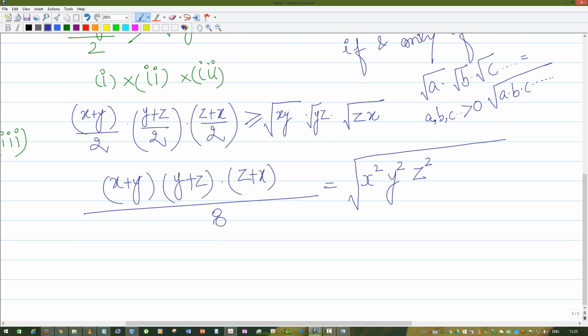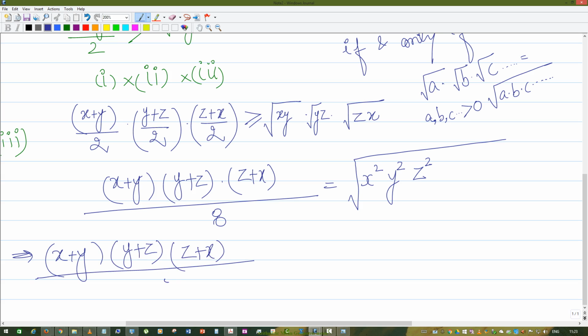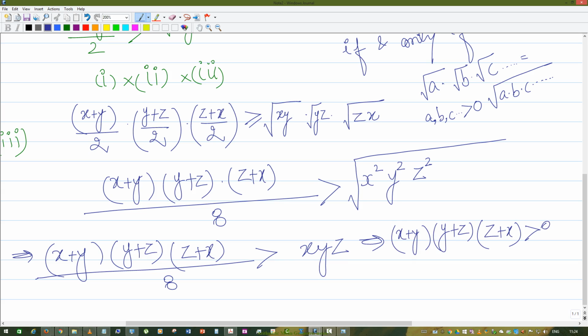Now the last step we will do is, (x plus y)(y plus z)(z plus x) divided by 8 is greater than xyz, which is equivalent to writing (x plus y)(y plus z)(z plus x) is strictly greater than 8 times xyz.